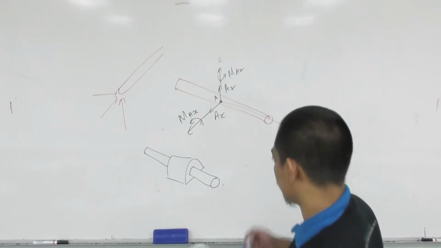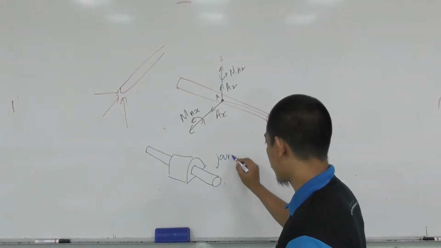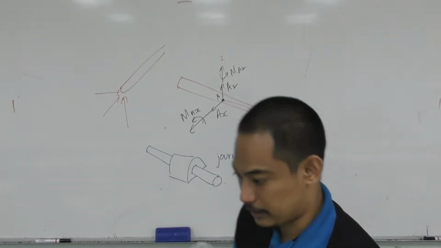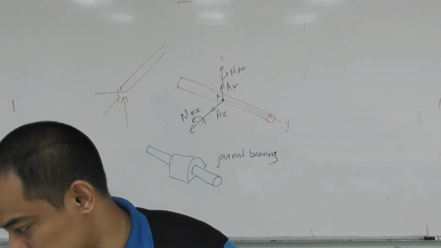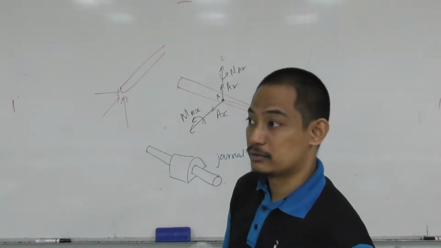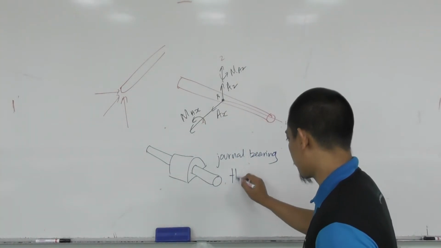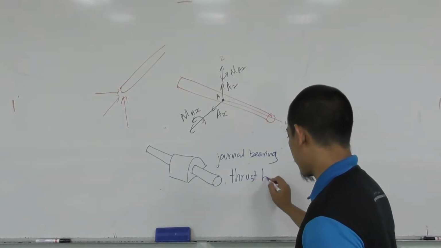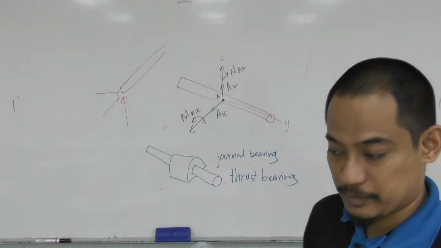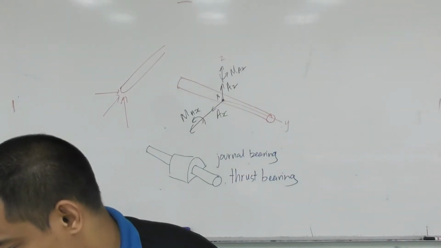Now, you have journal bearing, and you have also another one. What is it? Okay, I don't have the textbook. Let me check.